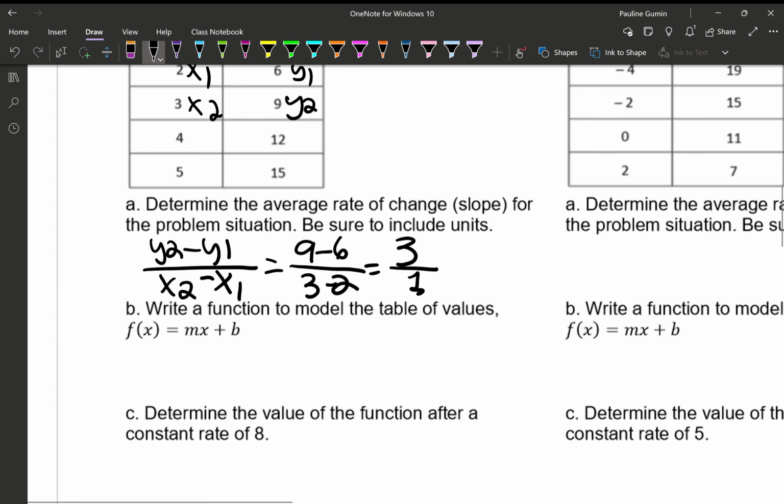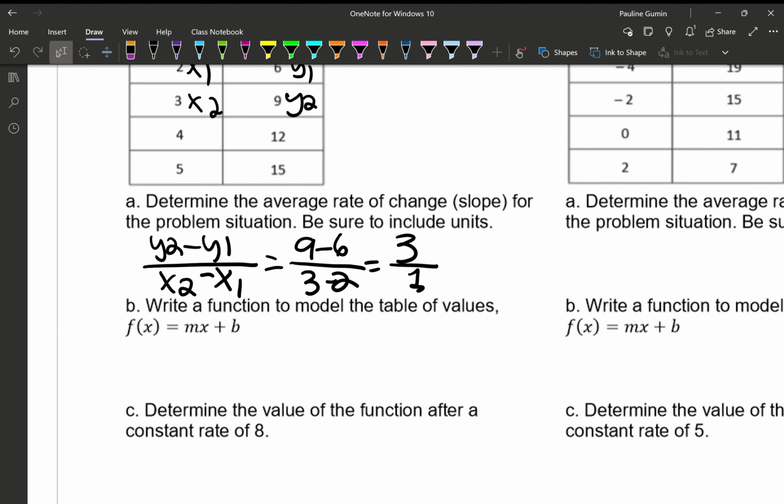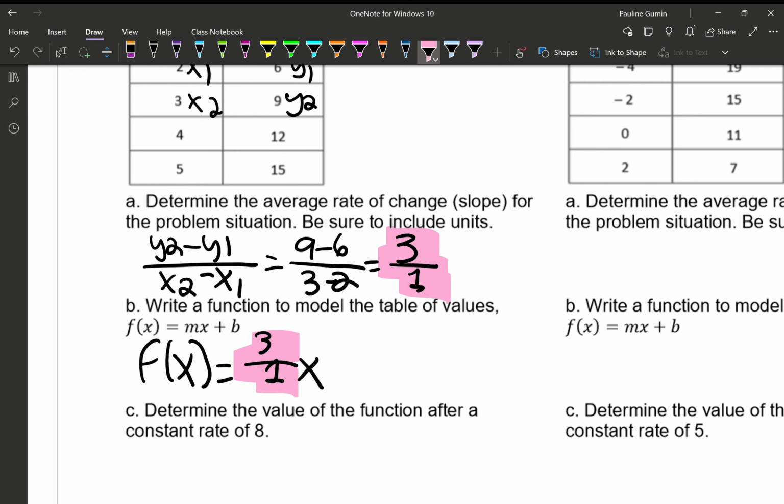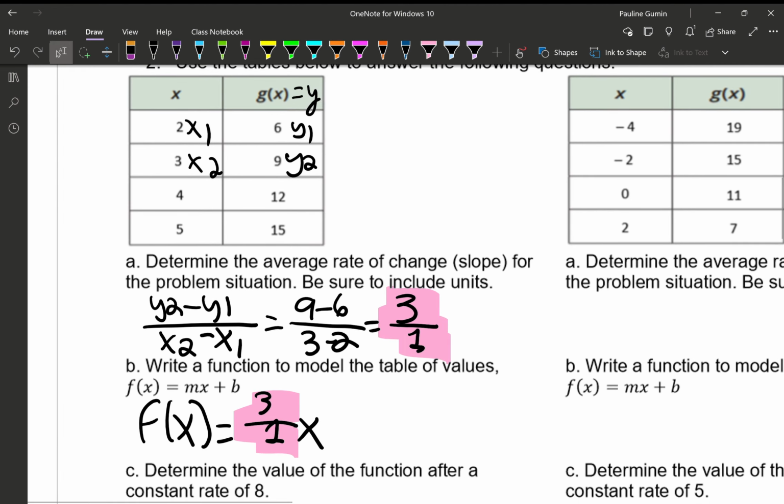Okay. Next, write a function to model the table of values. All right. Well, we got f of x equals, we know our slope is 3 over 1, because we got it from here. Actually, let's do highlighters. Now the y-intercept. It's kind of hard to see here because they don't have a 0 on my table.